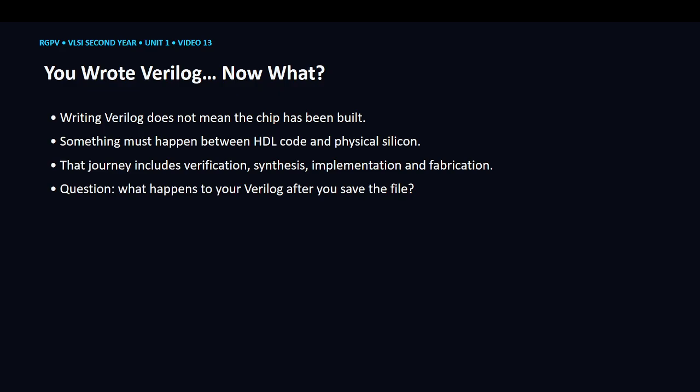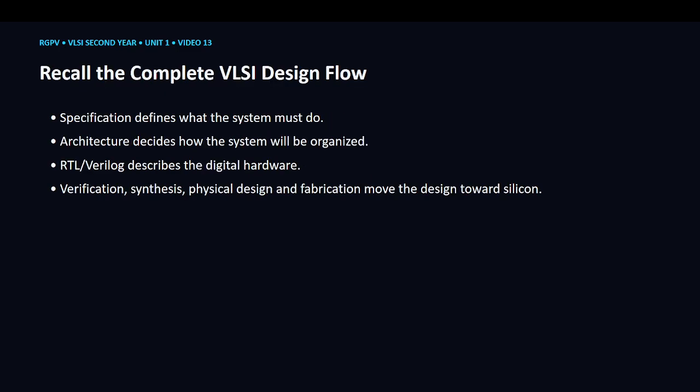There is verification. There is synthesis. There is a gate level representation. There is physical design and eventually fabrication. So today's video is basically following your Verilog on its journey from text on a screen to hardware on silicon.